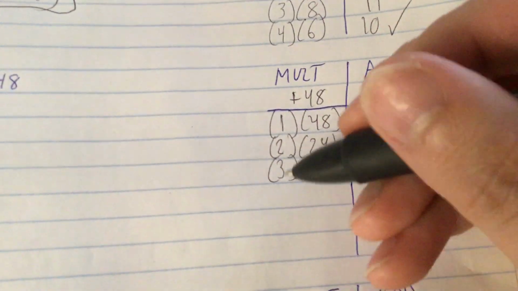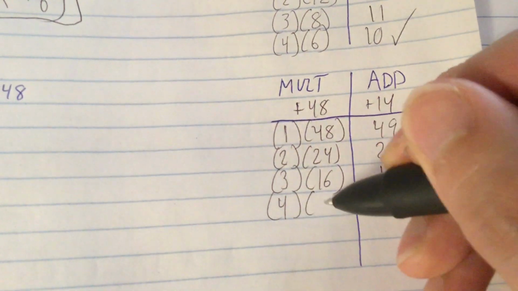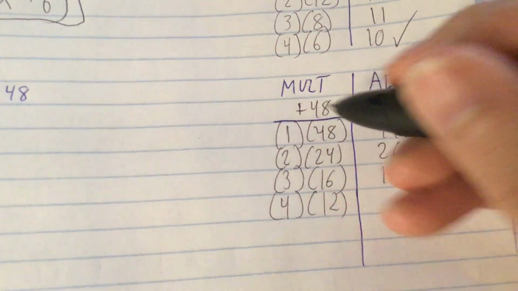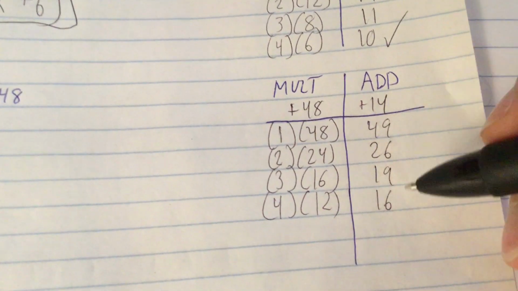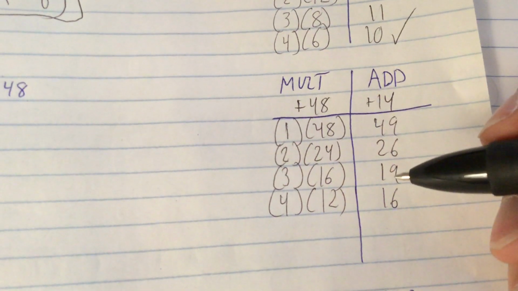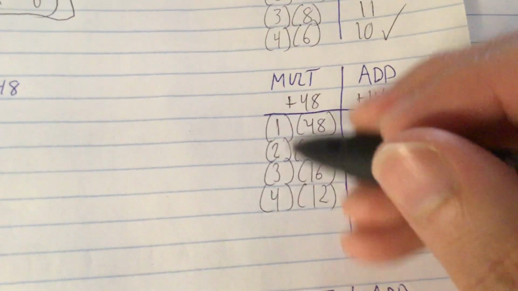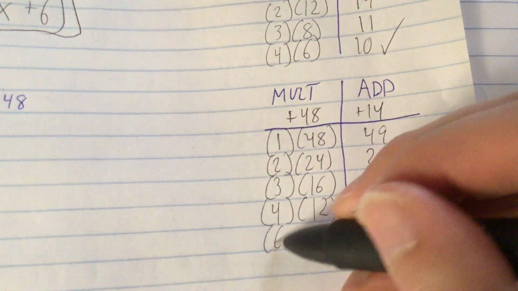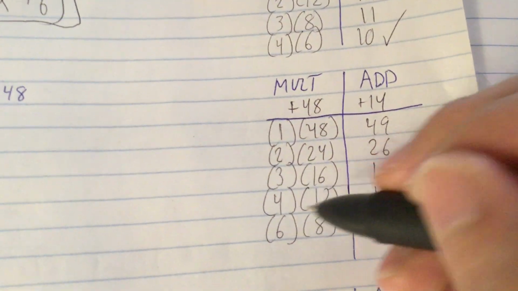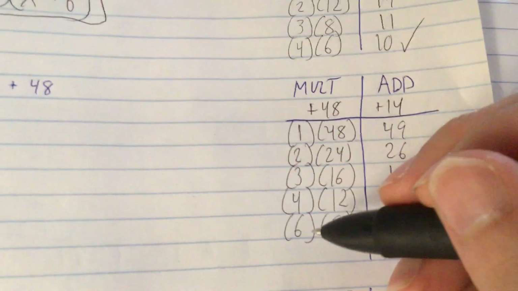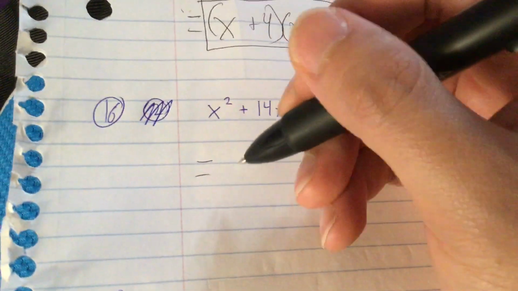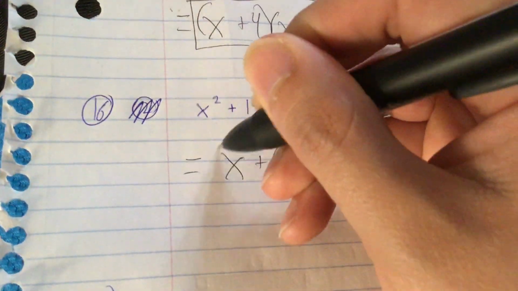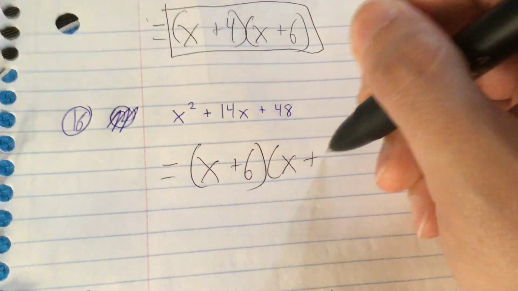Okay. 4 and 12. 4 times 12 is 48. 4 plus 12 is 16. Getting closer to 14, though. Dividing by 5 won't work, it'll be a decimal. But dividing by 6 might. 6 times 8 is 48. 6 plus 8 is 14. There's the winning team. Positive 6, positive 8. So this becomes x plus 6, x plus 8.